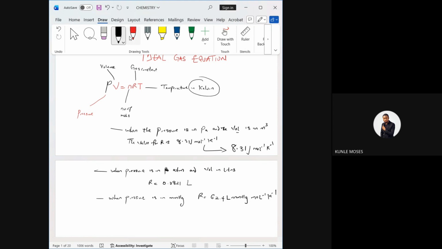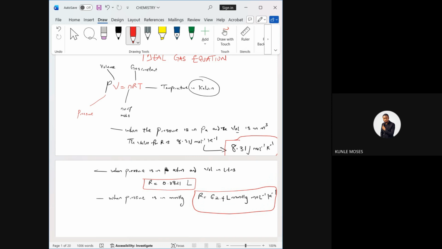So we have these three values of R that you need to memorize. R can be 8.31 joule per mole per Kelvin. R can be 0.0821 liter atm per mole per Kelvin. R can be 62.4 liter mmHg per mole per Kelvin.